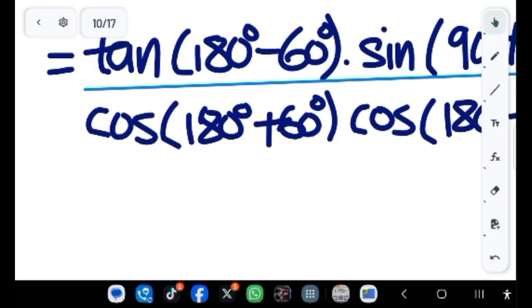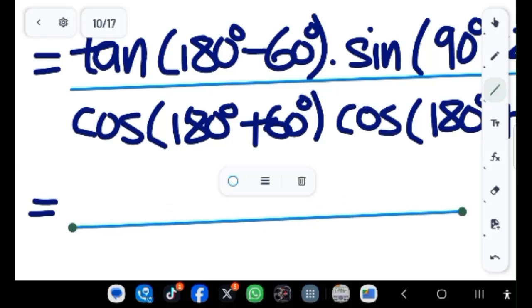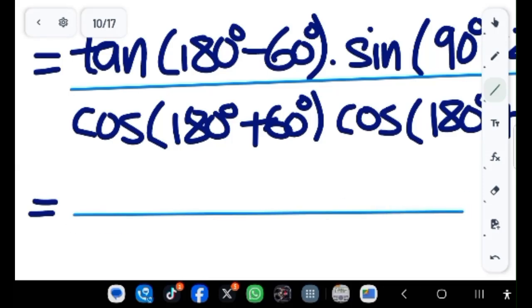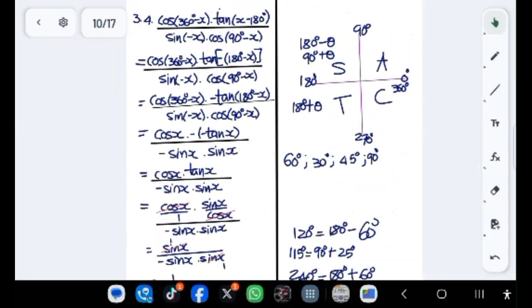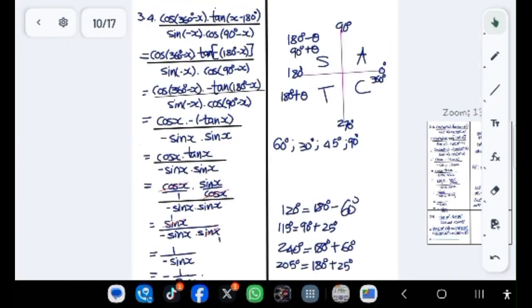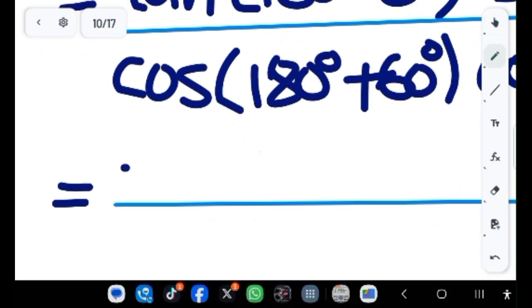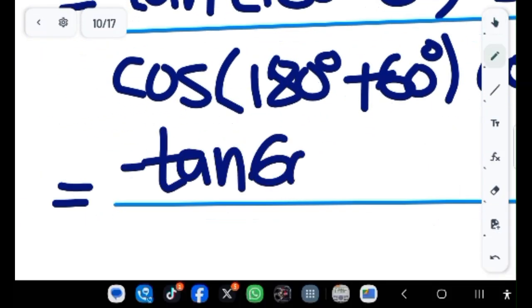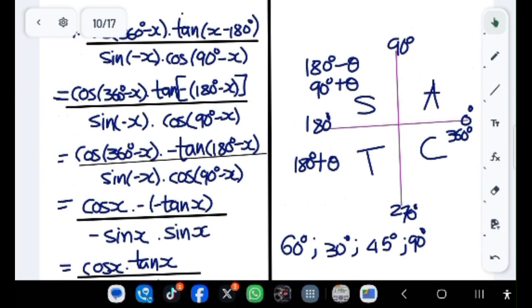Now let's reduce. Tan of 180 minus 60 is in the second quadrant, where tan is negative, so that will be negative tan of 60 degrees, times sine of 90 plus 25.